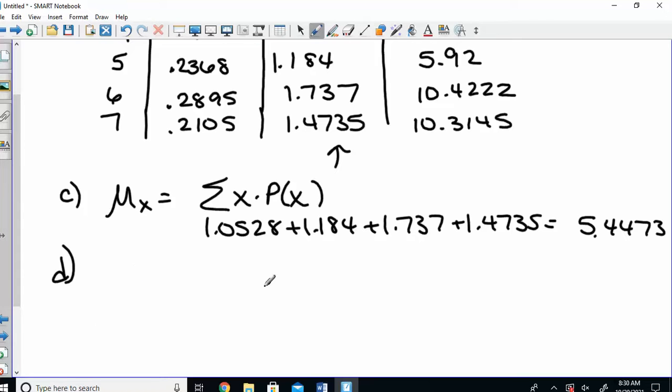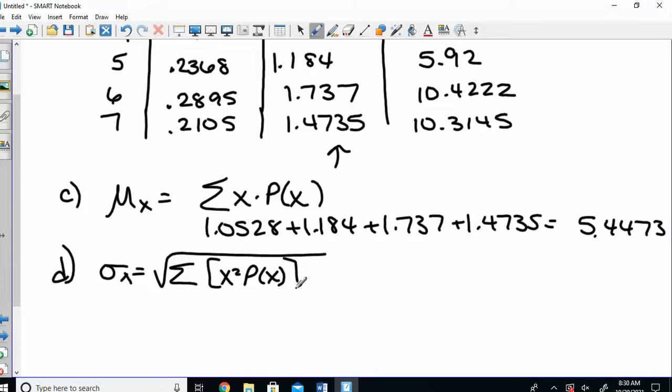D, our standard deviation, if you're looking at your formula sheet, there are two options. We always did the second one, because if you look at it, it's got that sum again, but it's the x squared p of x, and we already have the x squared p of x in our table, minus the mean squared.